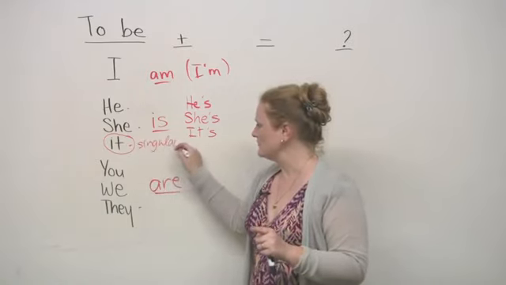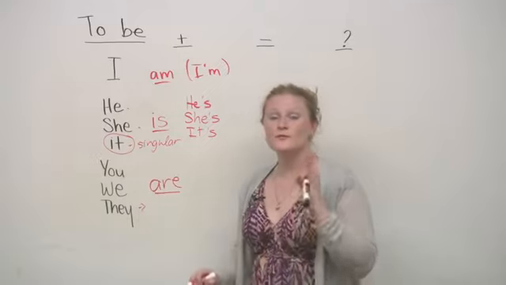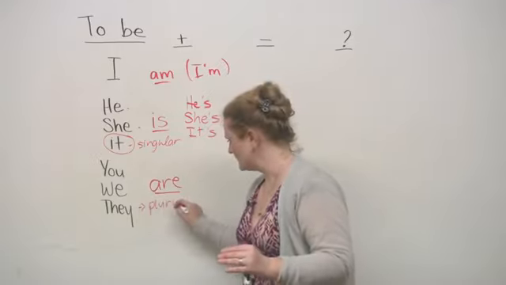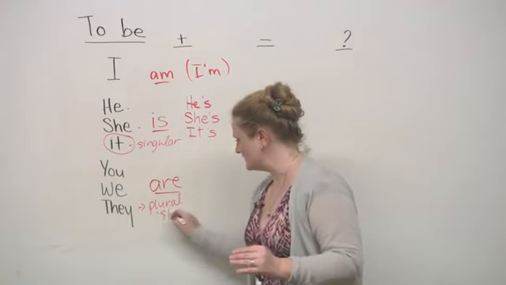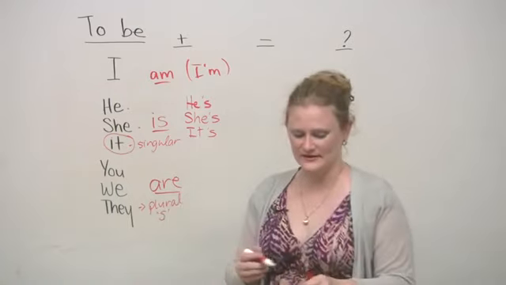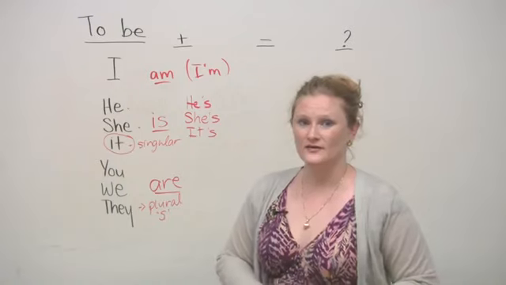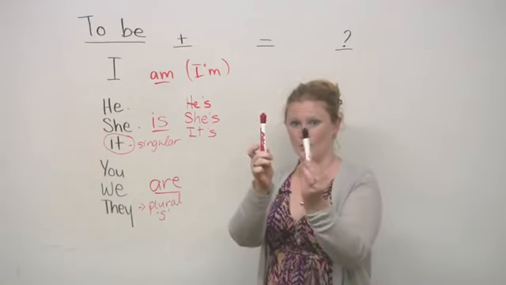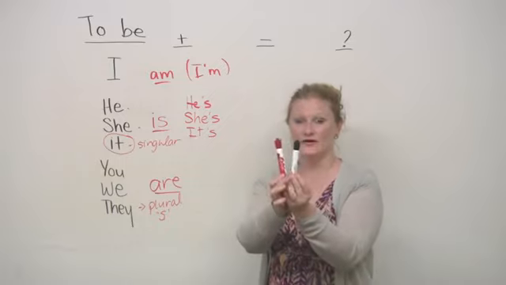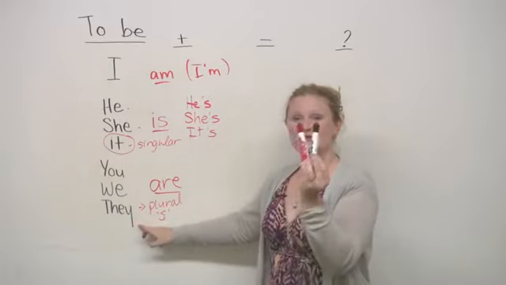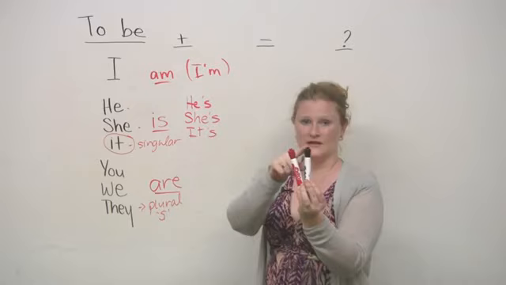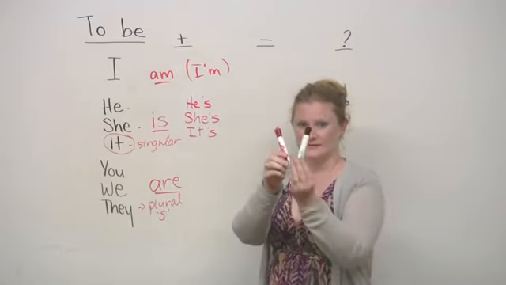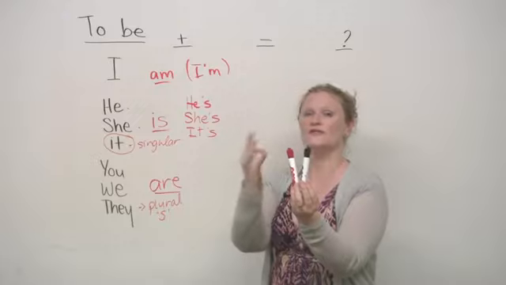We also use they for plural nouns. So if the noun is plural, it's going to have an S on the end. For example, I told you that it is red for one marker. Now I have two markers. I have to say they are black and red. So one is it, two or more are they.